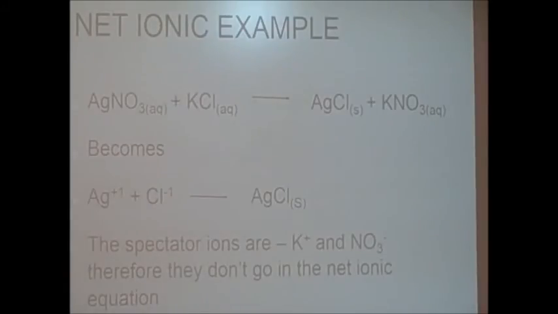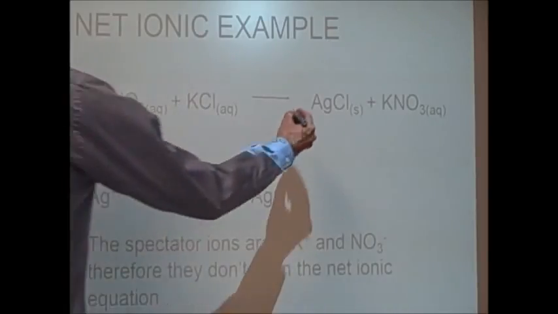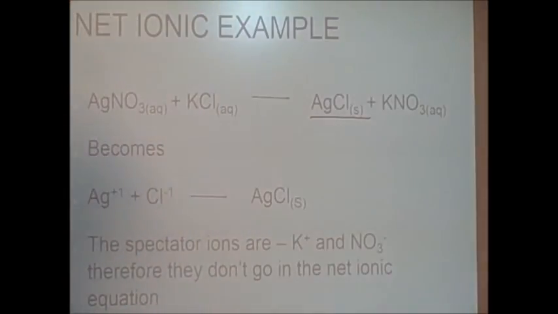So here's another example. We have silver nitrate and potassium chloride. They're going to react to form silver chloride and potassium nitrate. Well, potassium nitrate is soluble while silver chloride's insoluble. So here's our solid.